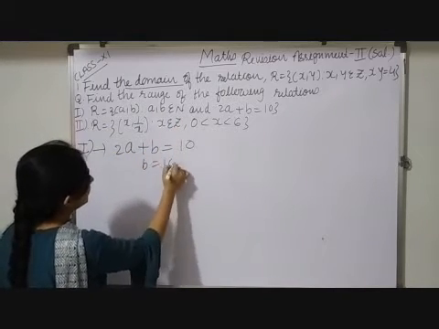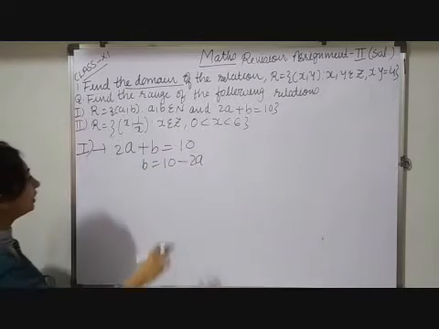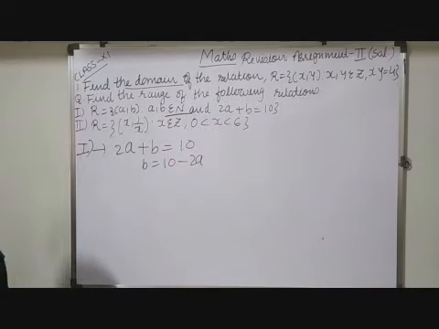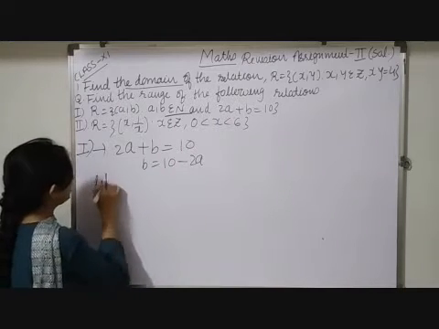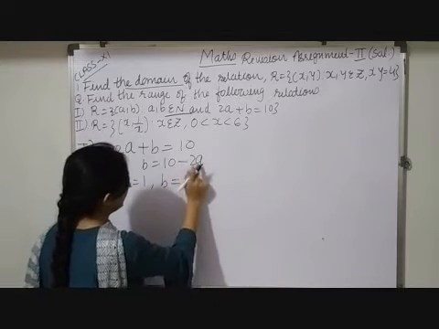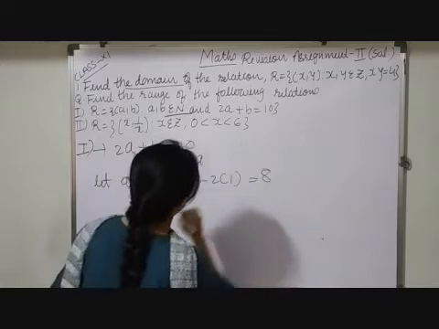So b equals 10 minus 2a, and we have to find its range. Since a belongs to N, we choose numbers from the natural numbers, and the smallest natural number is 1. So first let a equals 1. So b equals 10 minus 2 into 1, that is 8.